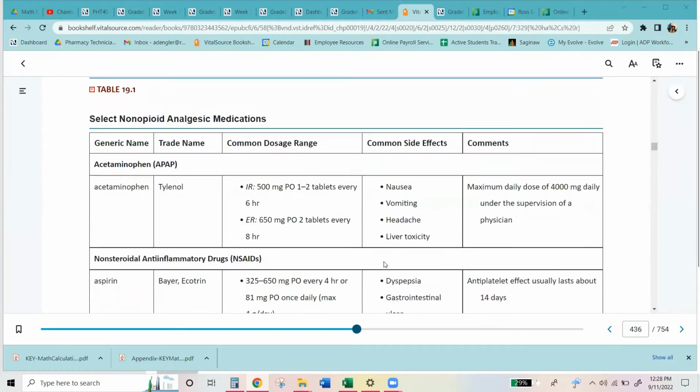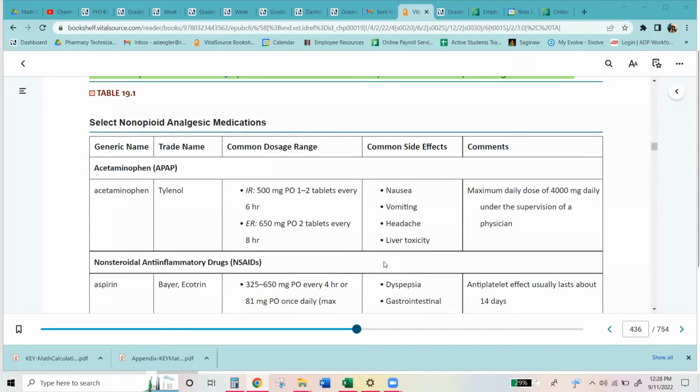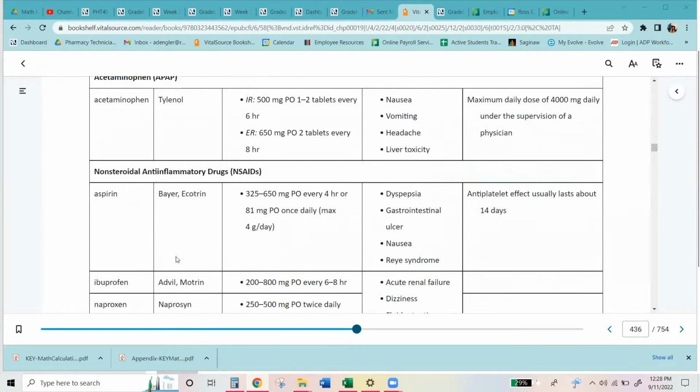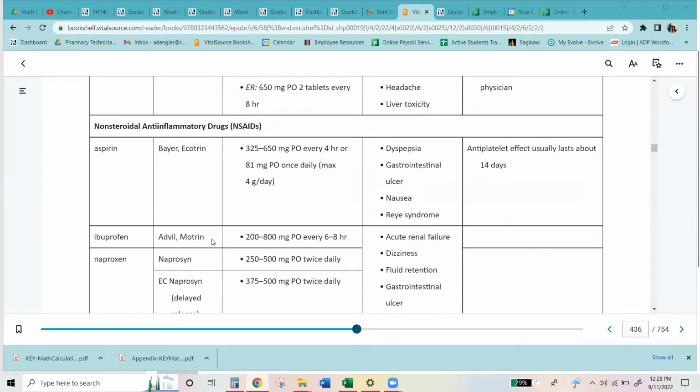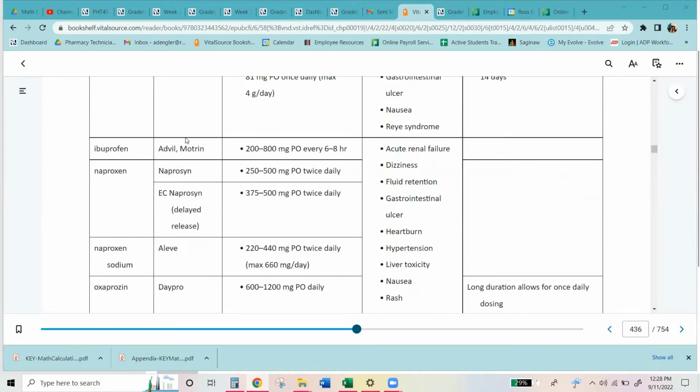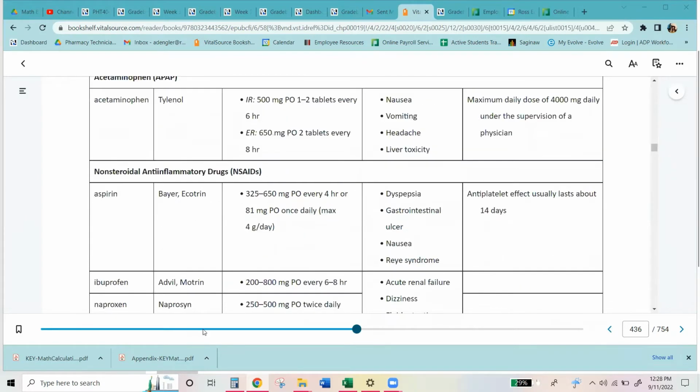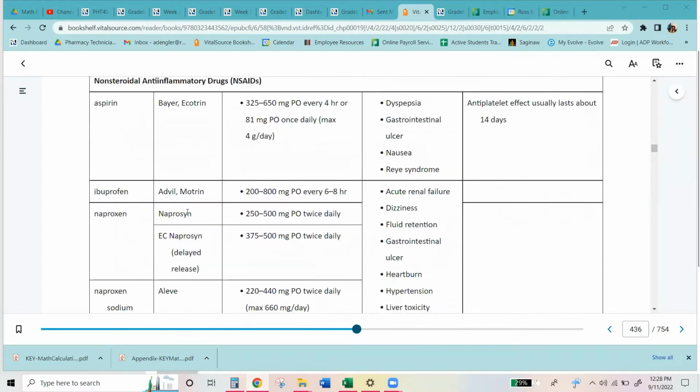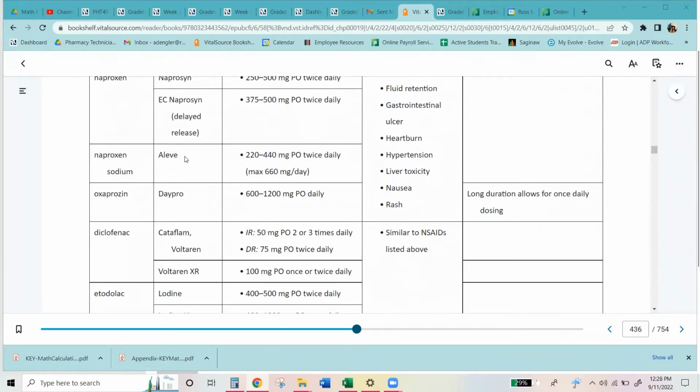And this chart 19.1 has select non-opioid analgesic medications. So of course we have Tylenol, acetaminophen, and again some of our NSAIDs, not probably all of them are listed here, but there's aspirin, ibuprofen, naproxen, which is also naproxen sodium, which is Aleve.